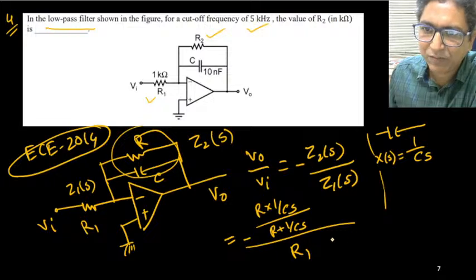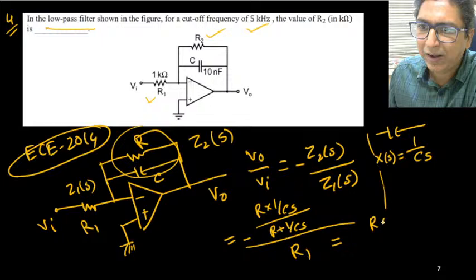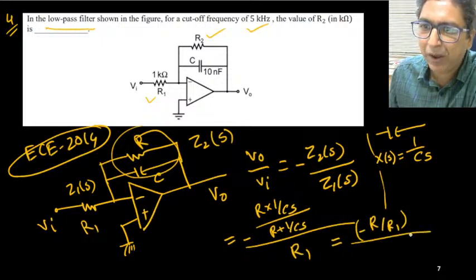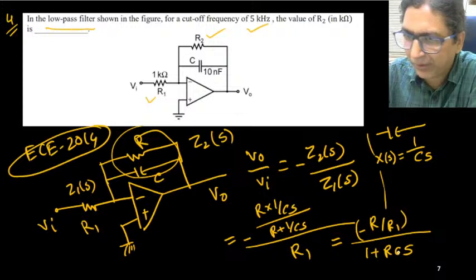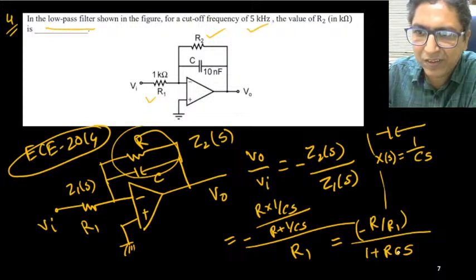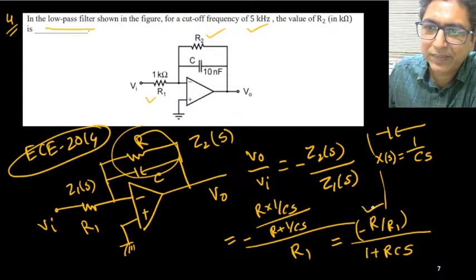Okay. So if you simplify it, what you will get? Simply R upon R1, one negative sign, by 1 plus RCs. So the DC gain will be minus R by R1.